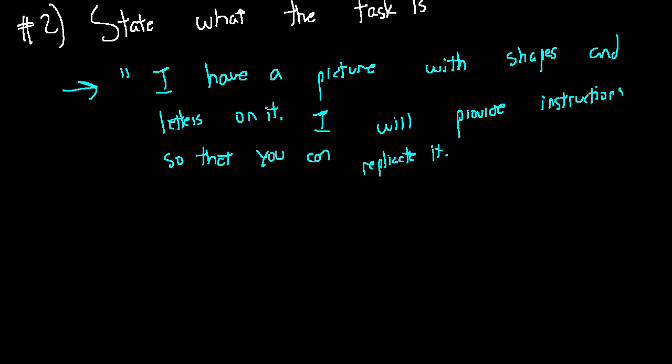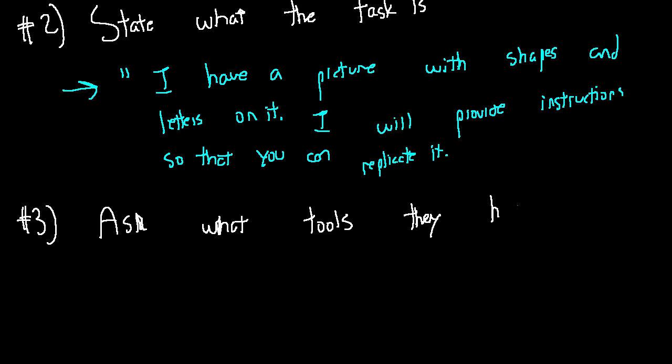Now, we might not know what utensils they have available to them, right? So you can ask them what tools they have. Ask what tools they have. Go ahead and ask them what they have in front of them to assist them in completing this task. They might have a ruler, they might have a compass. These things would make it easier for drawing straight lines or drawing circles.